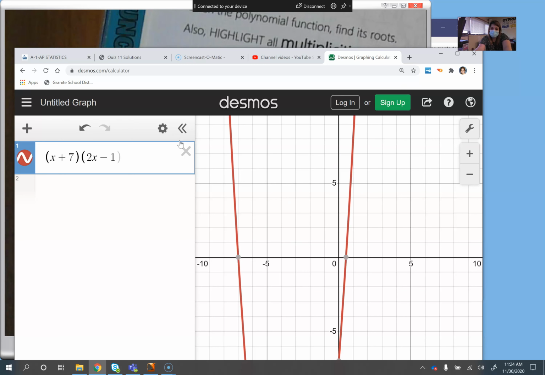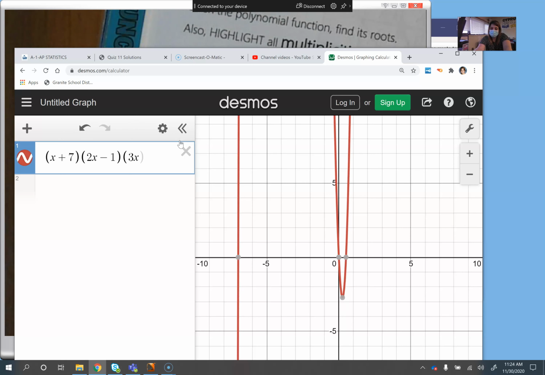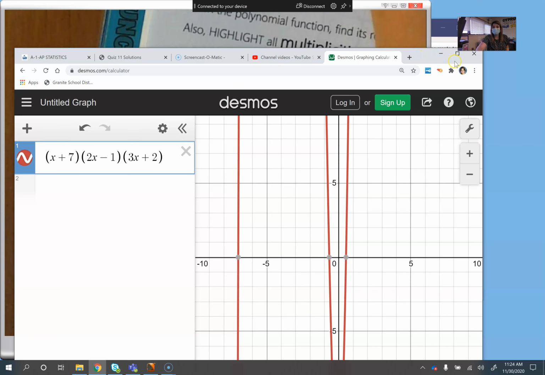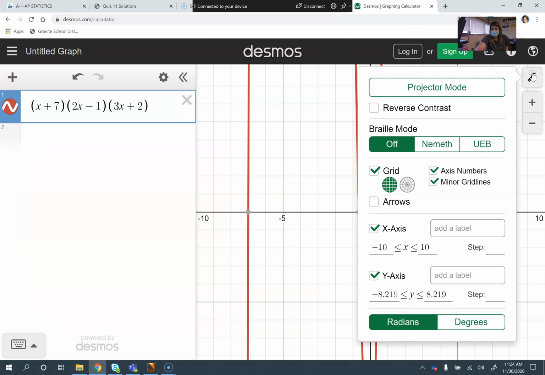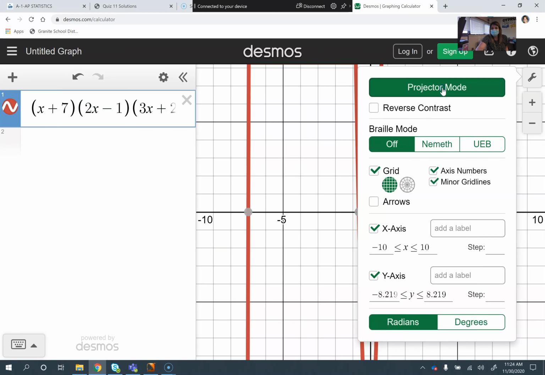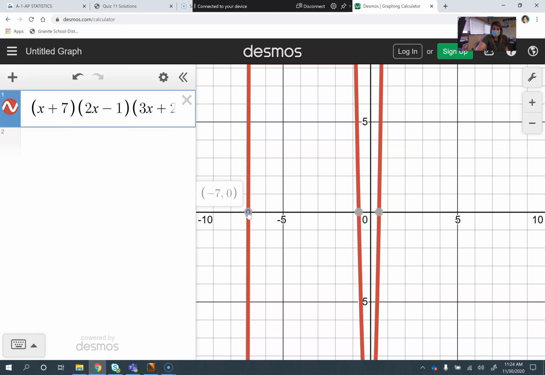Yes. And then 3x plus 2? Yes. Okay. What I need for you guys to notice is that this graph crosses through at -7, -2/3, and 0.5. That's what we're finding.